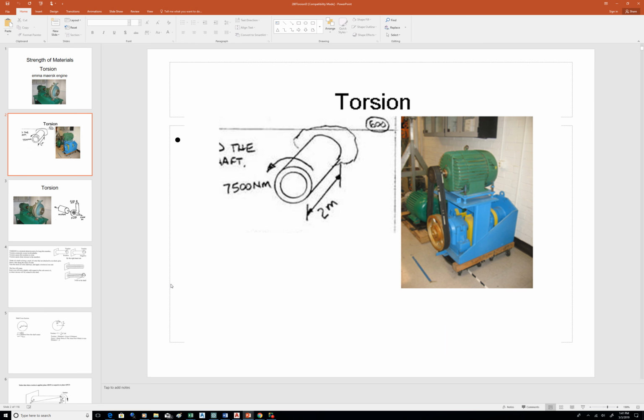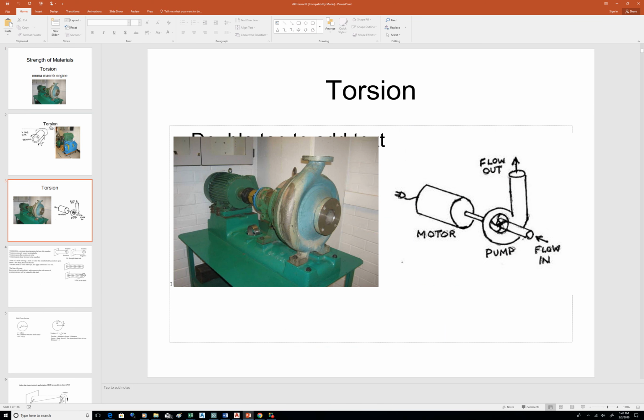Normally these shafts are round, but I've seen some that are square tube too. A very good example would be a motor with a shaft coming out of it, because a motor twists the shaft, and then the motor goes into a pump, and the shaft spins the impeller, which pushes water out of the pump. That's a good example of torsion.